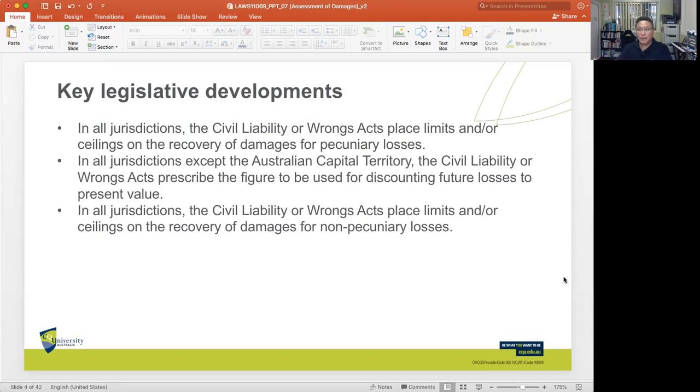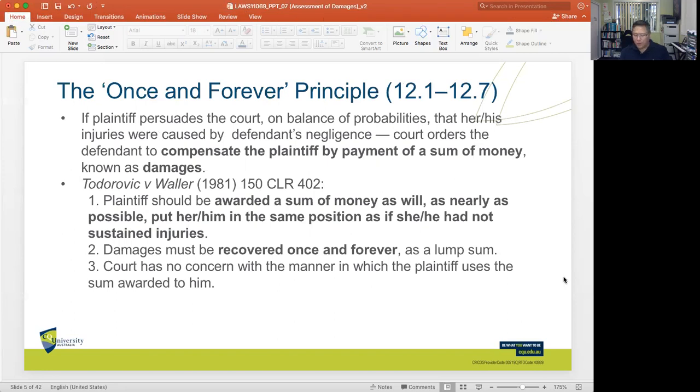There would be limits to the amount of recovery that could be made, as well as for pain and suffering. Again, in the US, there's hardly any limit or ceiling in relation to damages that could be recovered for non-pecuniary losses. Okay, now one of the most important principles in tort law is the once and forever principle.